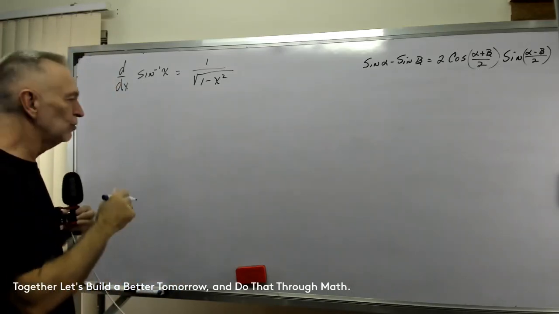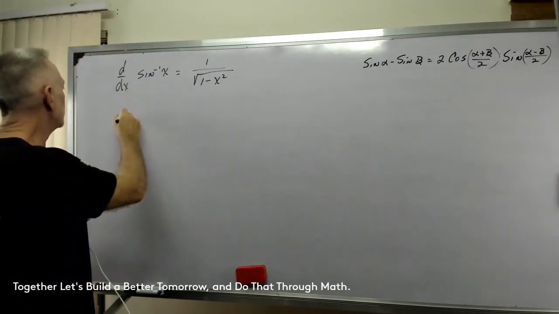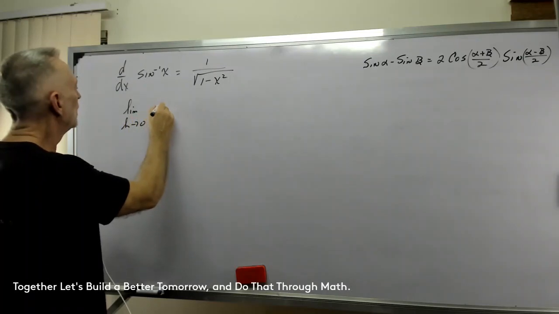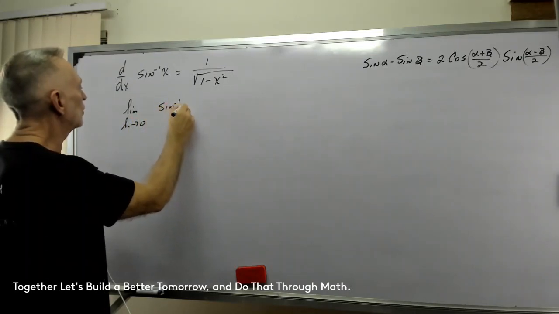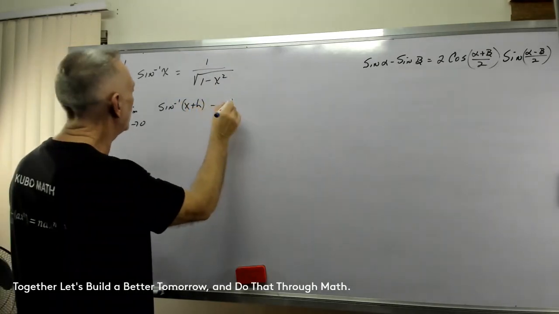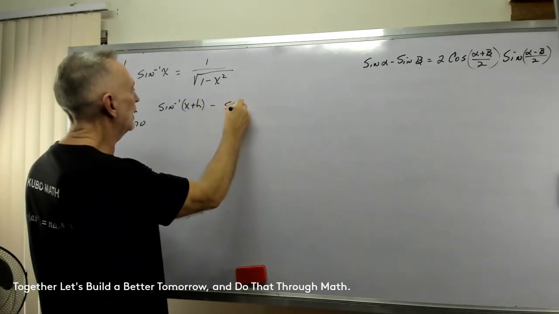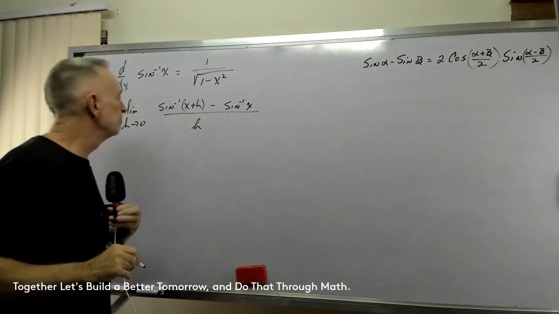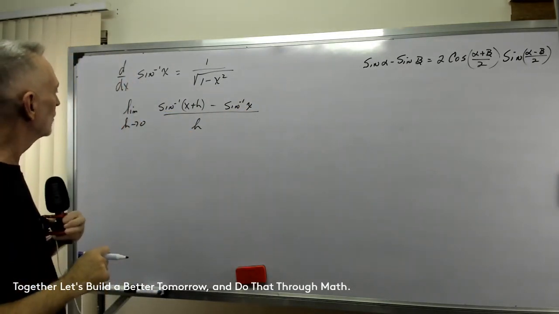Okay, we're going to use the limit as h approaches 0 of sine inverse of x plus h minus sine inverse of x, all over h. Wow, what to do with that?